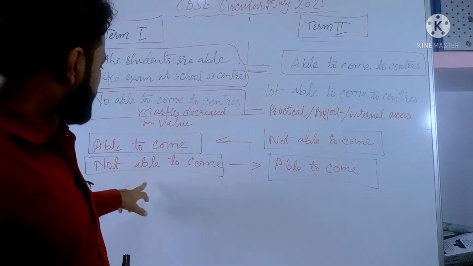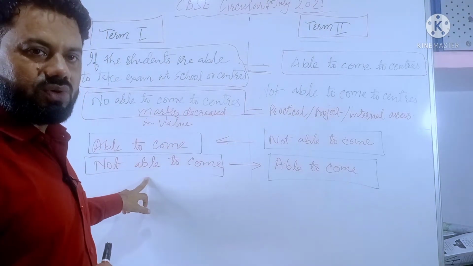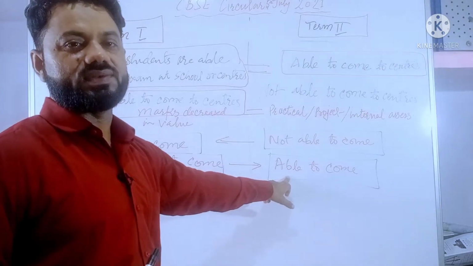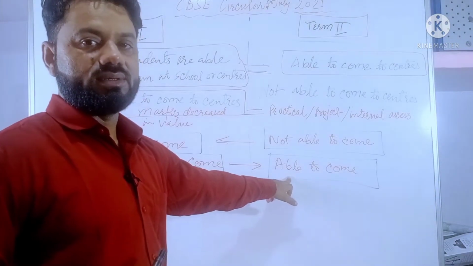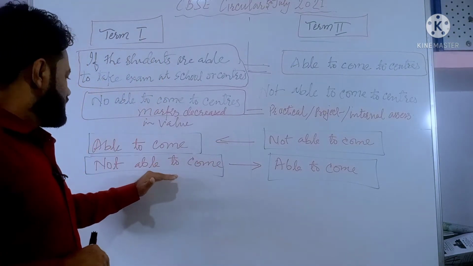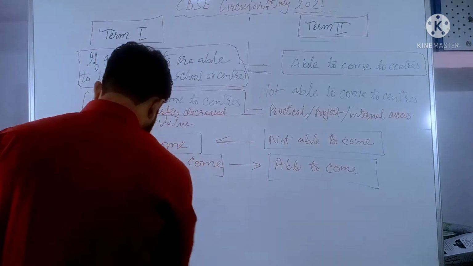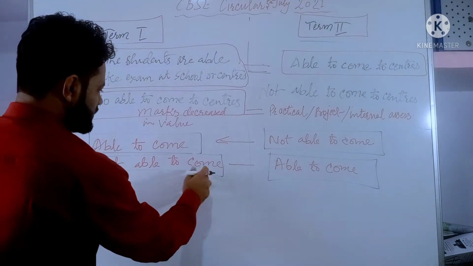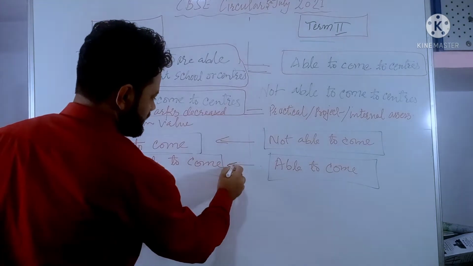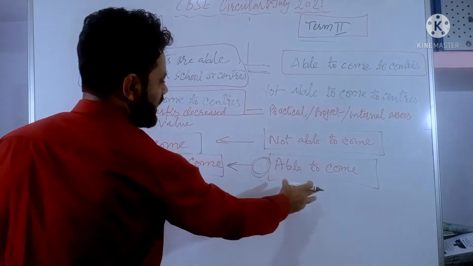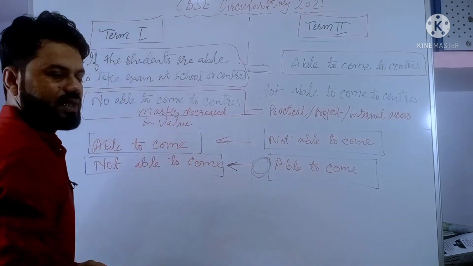Again, if the students are not able to reach the centers in the first term examination but able to come to centers in the second term examinations, then the value of the first term will be decreased. Try to understand this. Not able to come to centers, the weightage of this will be high because students are able to reach the centers.